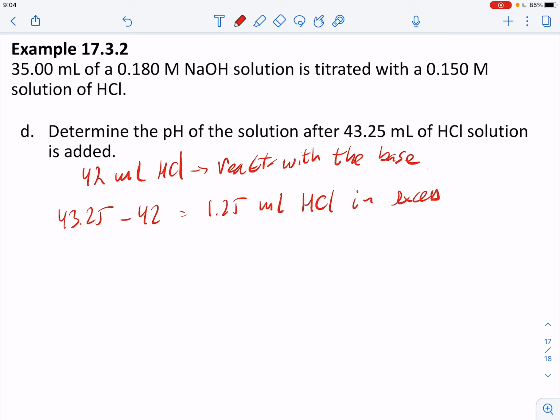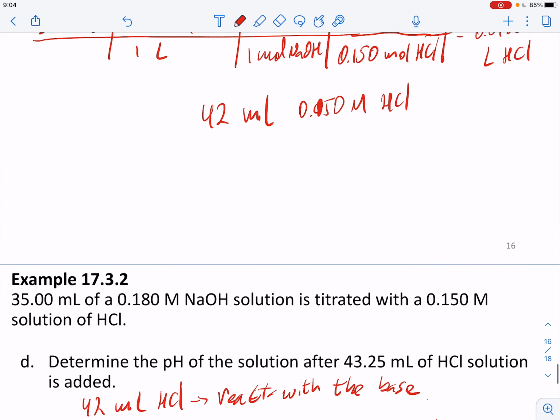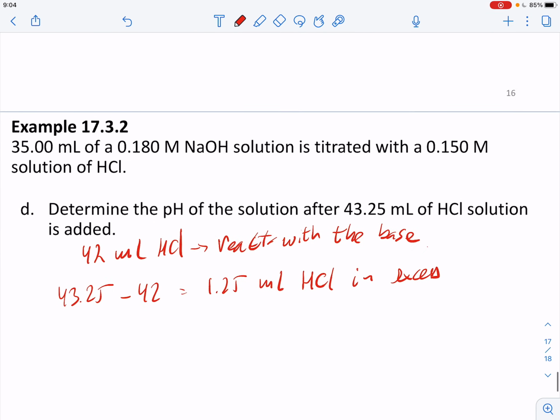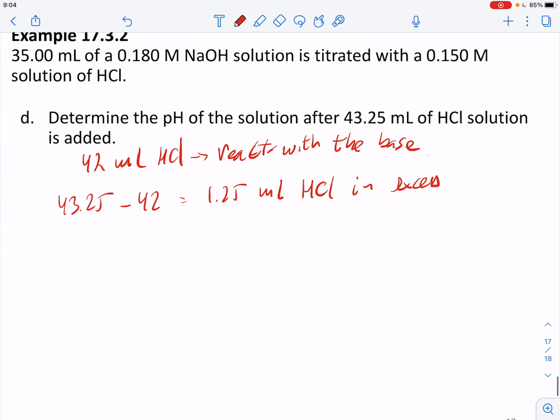So we can go this way. You can use the initial number of moles of sodium hydroxide and calculate the total number of moles of acid that you have added, but because we have this data already, we can use that to our advantage, and just determine that if you reach equivalence with 42 milliliters, then if you add 43.25, you added 1.25 milliliters in excess.